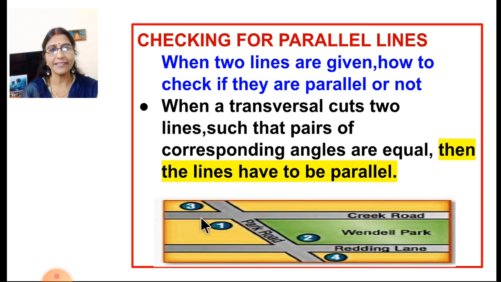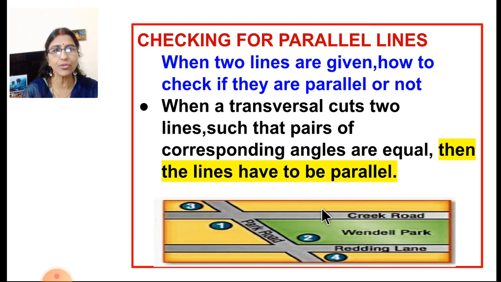This looks like a line, which is a road. It is a transversal and these two are the lines, and if I draw one angle here, this is corresponding to the angle drawn here. So if these corresponding angles are equal, then the lines have to be parallel.